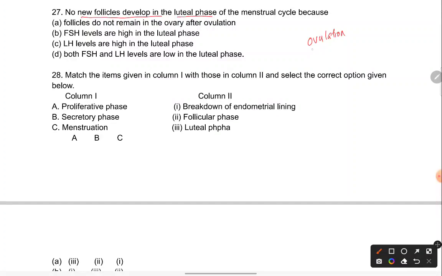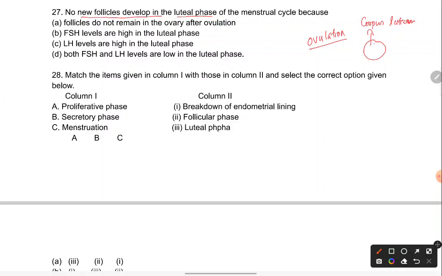After ovulation, the ovum will be released from the ovary, and the remaining part of that Graafian follicle will be converted to corpus luteum. That stage is known as the luteal phase. So during that time, no new follicles are developing.